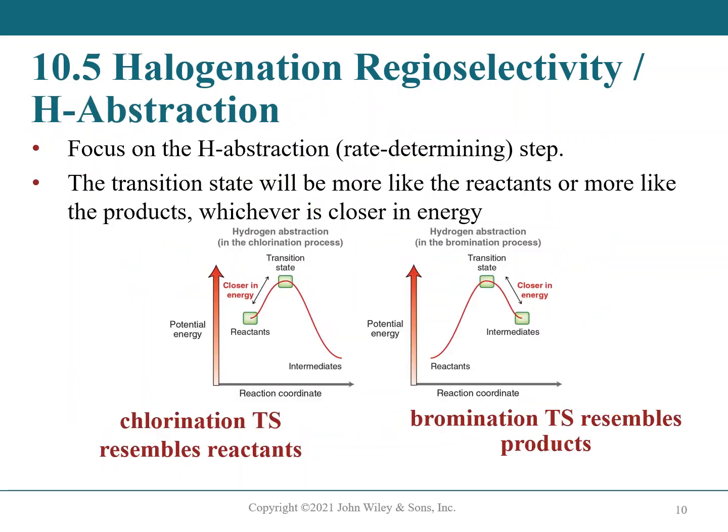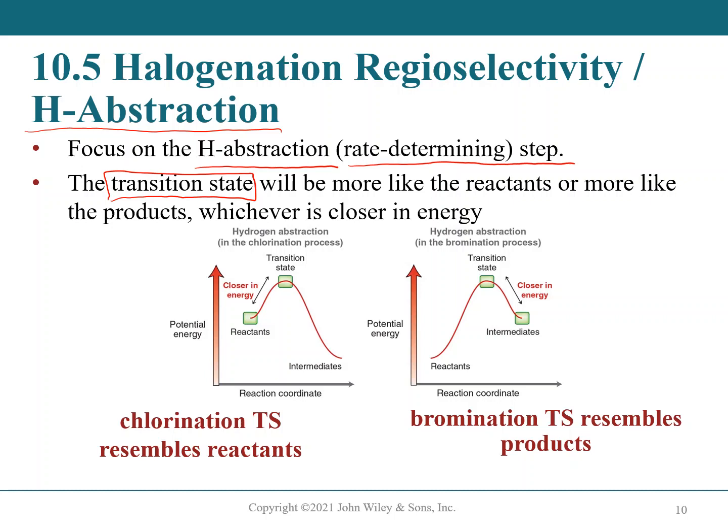When we're discussing the Hammond postulate, we're going to be focused exclusively on the hydrogen abstraction step, because that hydrogen abstraction step is the rate-determining step. If we recall, we discussed the Hammond postulate a ways back. When we talk about the Hammond postulate, we're looking at the transition state.